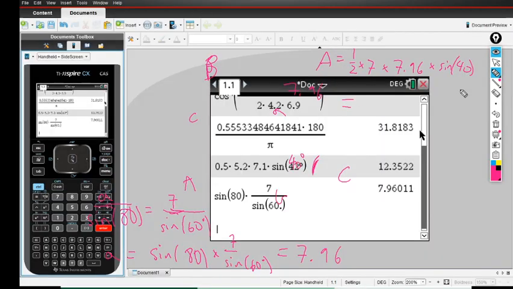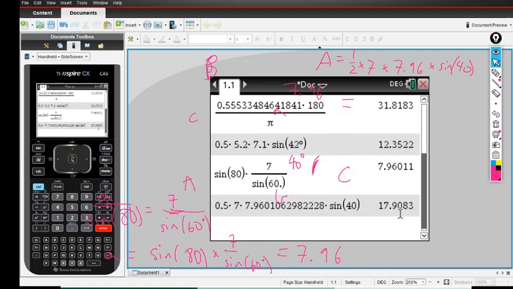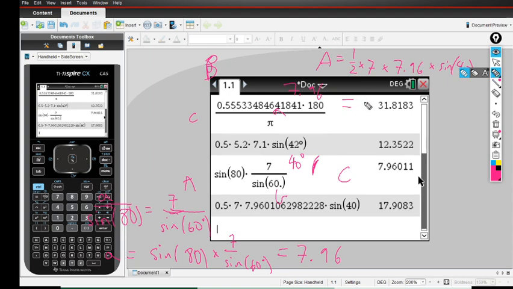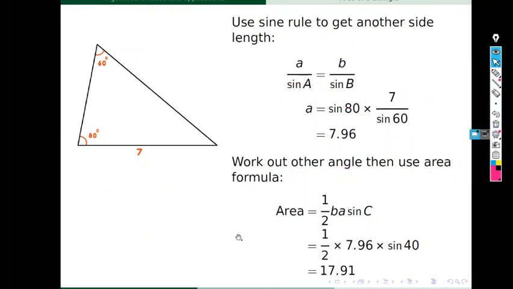Let's go back here: 0.5 times 7 times 7.96 times sine of 40, and we get 17.91 units squared for our area. And let's have a look, same thing as I got the last time I did this. Very good.